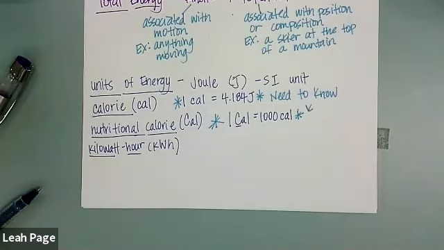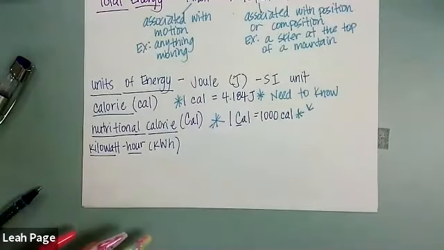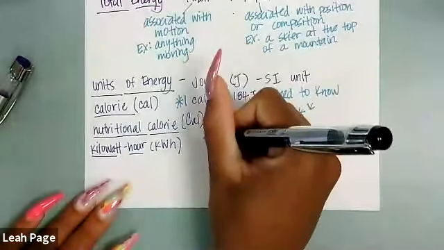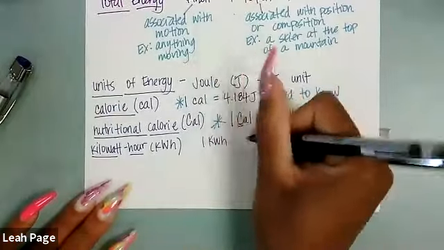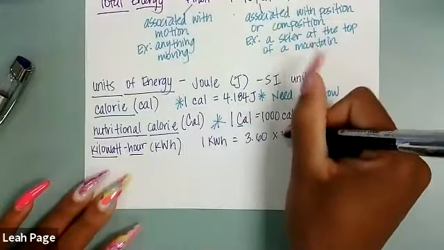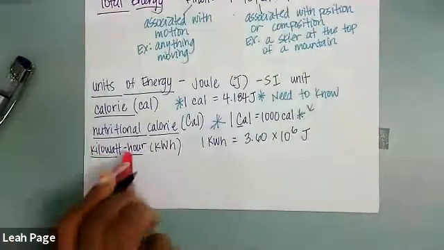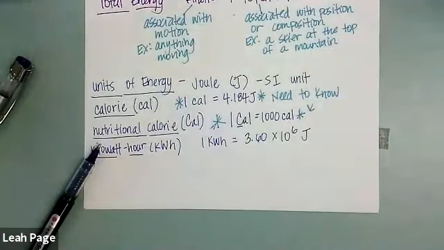They are measured in kilowatt hours. So the next time you see a ComEd bill, it'll tell you you've used this many kilowatt hours and this is the rate that you're being charged per kilowatt hour. The conversion you would know is 1 kilowatt hour is equal to 3.60 times 10 to the power of 6 joules. So that's 3,600,000 joules.